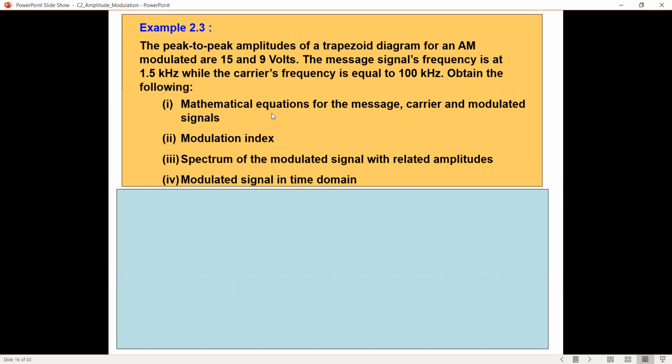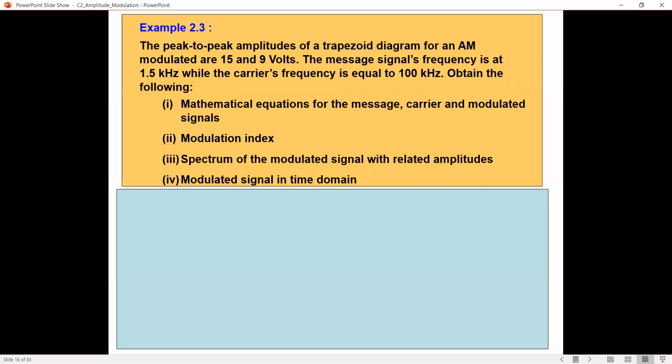Find the math equations for the message, carrier and modulated signals, the modulation index, the spectrum of the signals with amplitudes, and then the modulated signal in time domain. So now, apart from equations and spectrum, the question also asks you to plot the modulated signal in time domain.